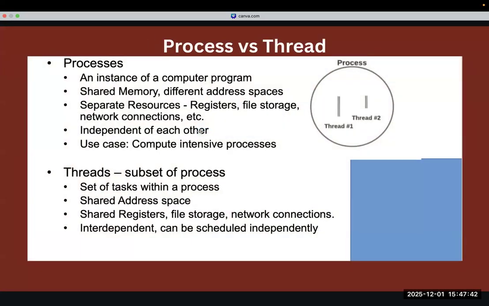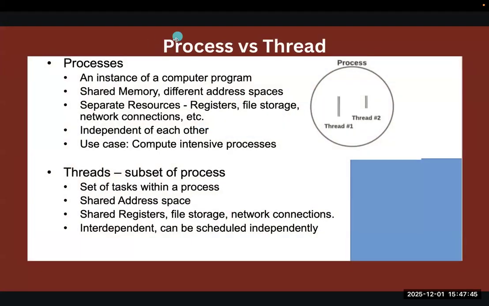Then we have process versus thread. So, a process is a fully independent program with its own memory, registers, file storage, and network connections. Processes do not share memory by default, which is the main important concept of a process. Then we have threads.